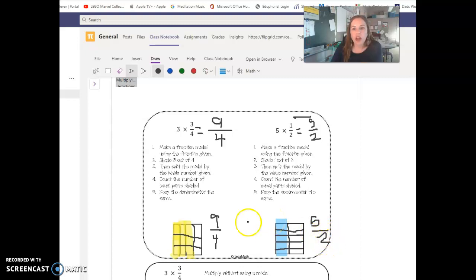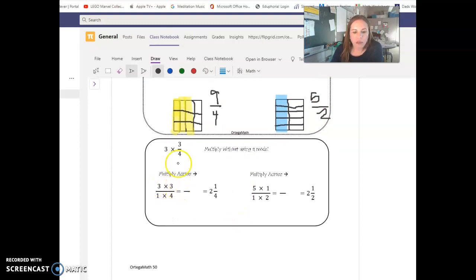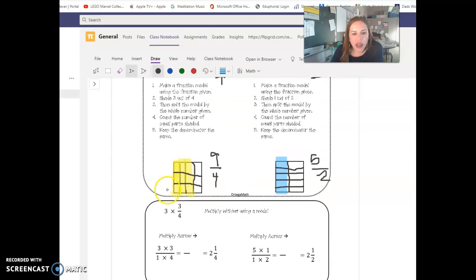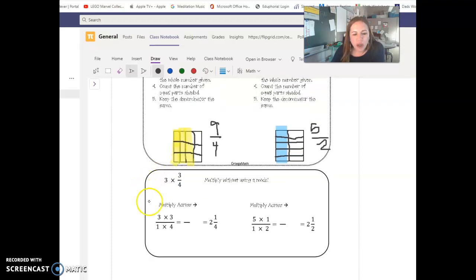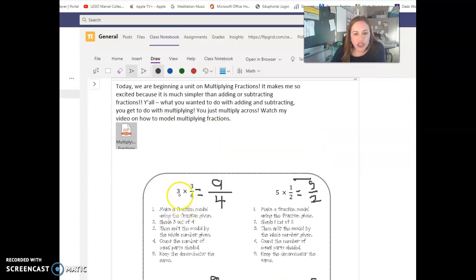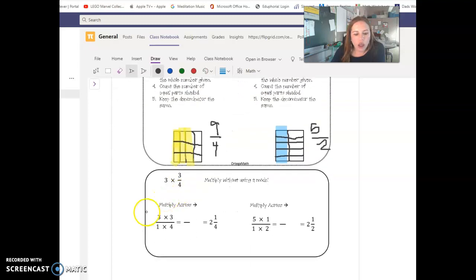So let's see what it means when we're actually using math. Multiply across. When I am multiplying a whole number, all we're doing is multiplying across. So I just need to make sure I understand how to turn my whole number into a fraction. According to my notes, all I need to do is put a 1 under my whole number and it turns it into a fraction. And that is absolutely correct.